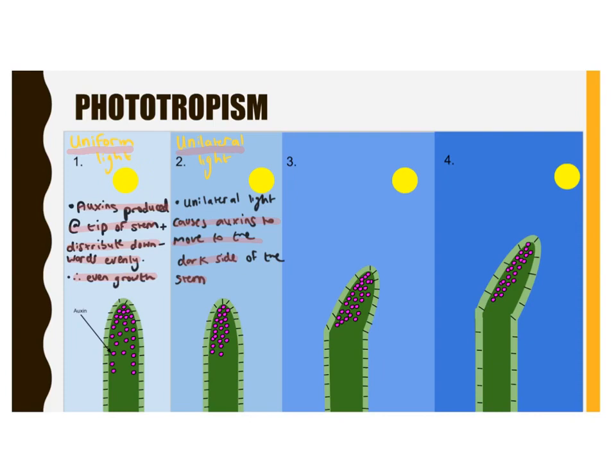Do not get confused, because if I give you an experiment where I say the plant was exposed to uniform light, you know that that plant is not going to undergo phototropism, because phototropism is only in the presence of unilateral light, not uniform light.